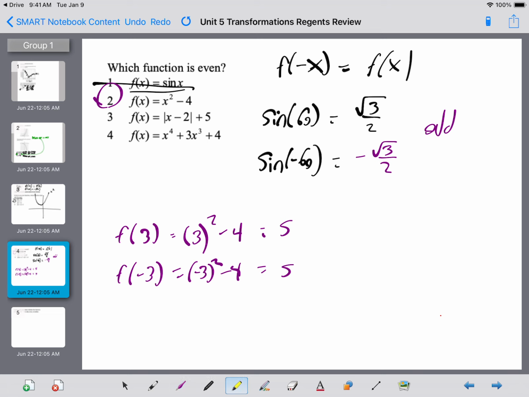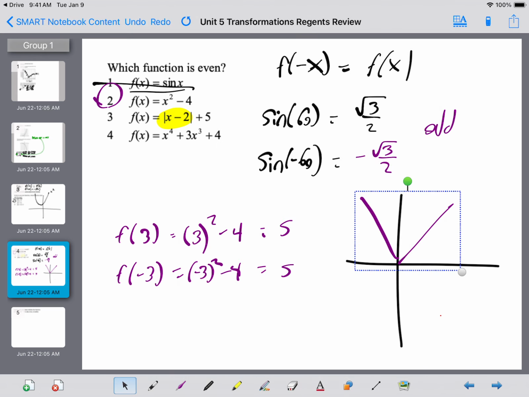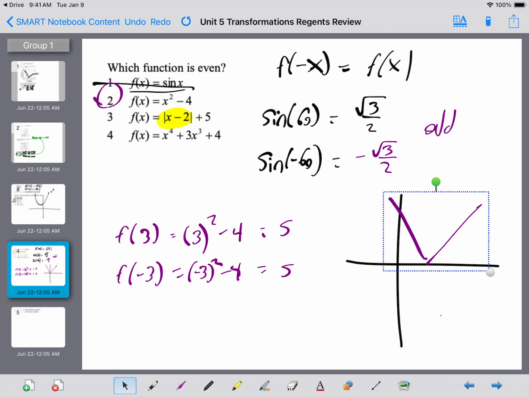Just a quick discussion for these. This is the absolute value function. The absolute value function could be even. Oh, I moved a little too fast. The absolute value function could be even, but it moves to the right too, so that affects its symmetry across the y-axis.